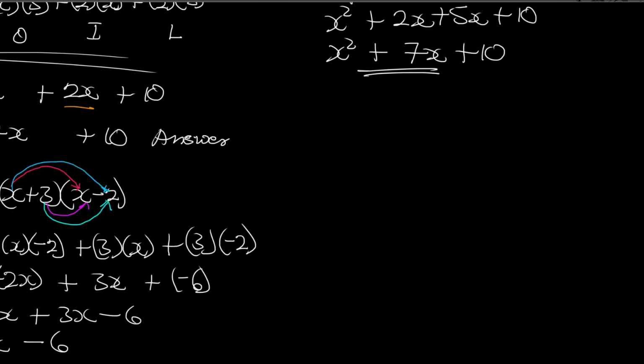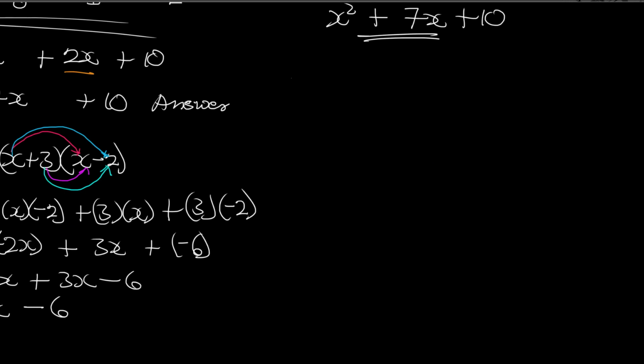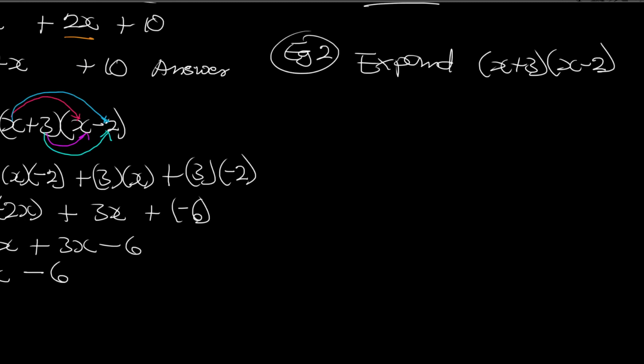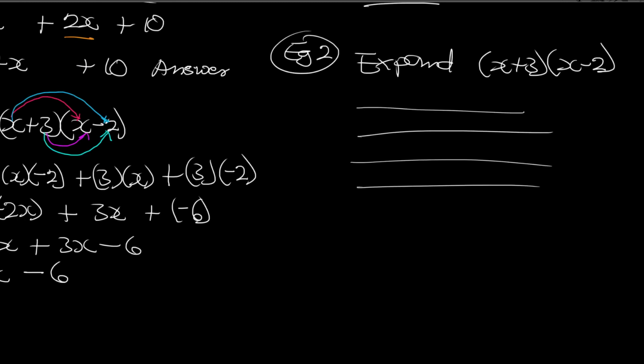I take the second example. Example 2, we did expand (x plus 3) and (x minus 2). Using the same approach, I draw my table and put the first item in there. Sorry, I'm not drawing to scale. I'm multiplying. So I have x plus 3 and x, and I have minus 2.